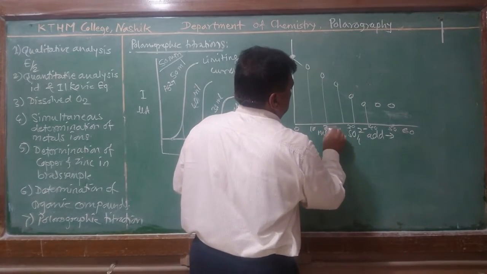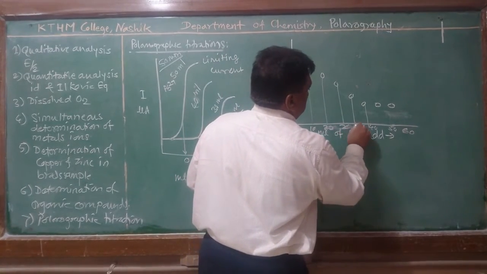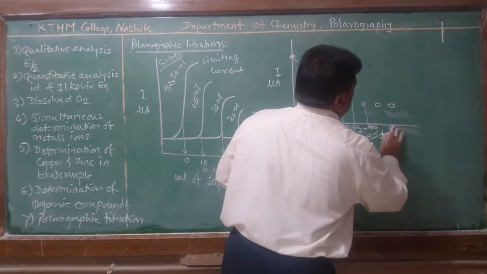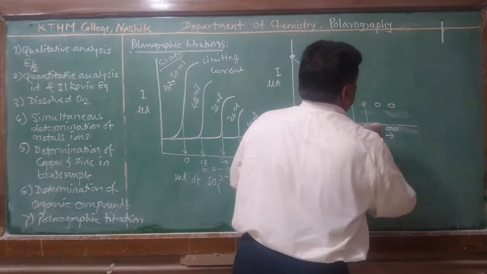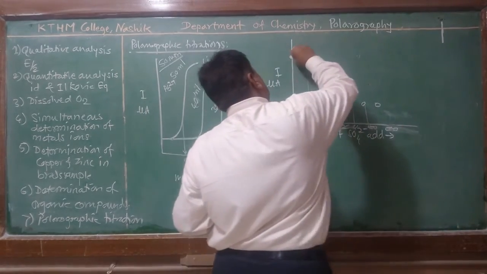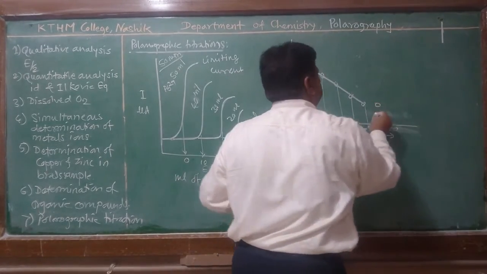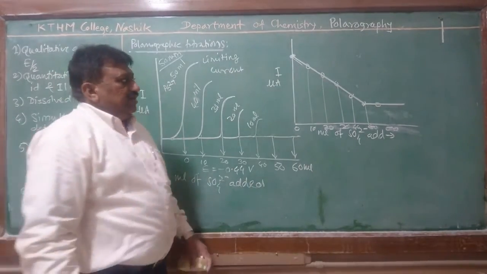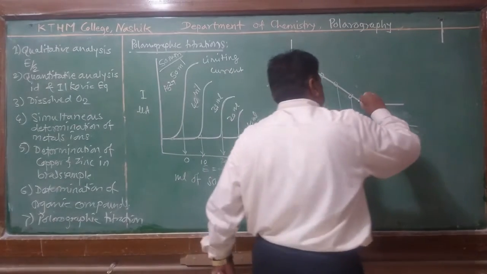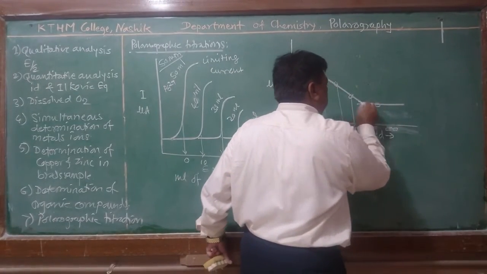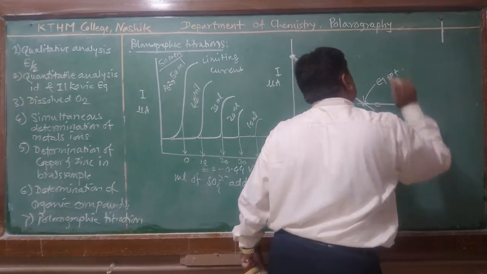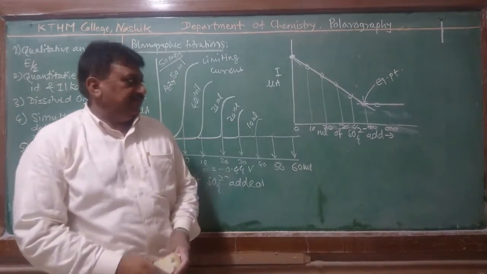Therefore, 20, 30, 40, 50 and 60. Therefore, it decreases in this fashion, and after that it becomes constant. Therefore, here we have two straight lines intersecting at the equivalence point, and this is the equivalence point in polarographic titration.